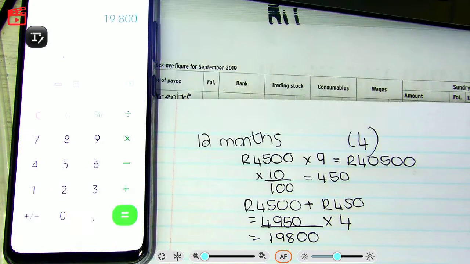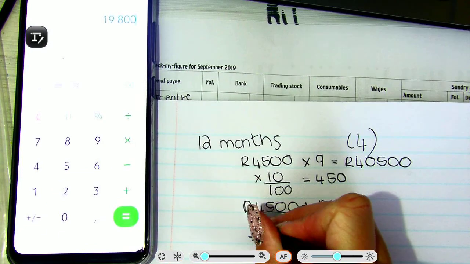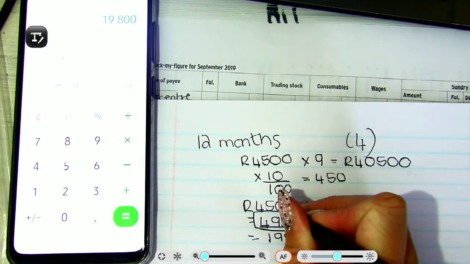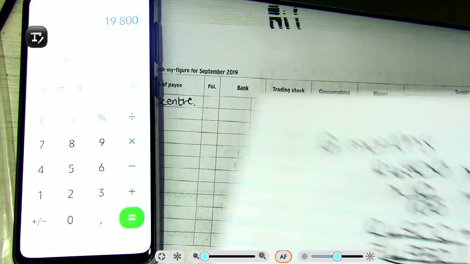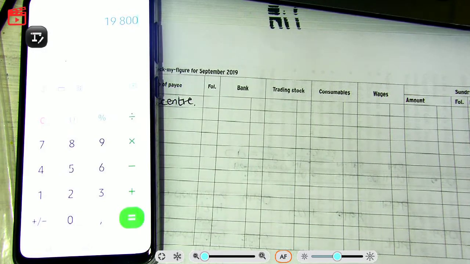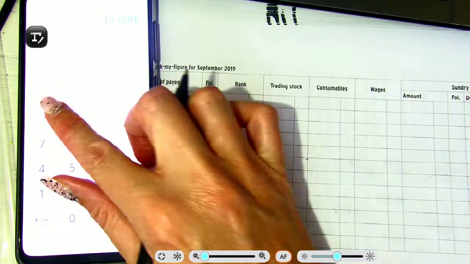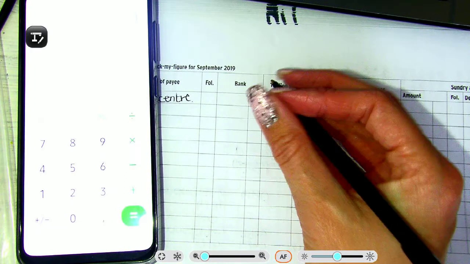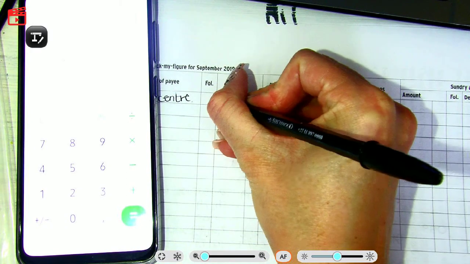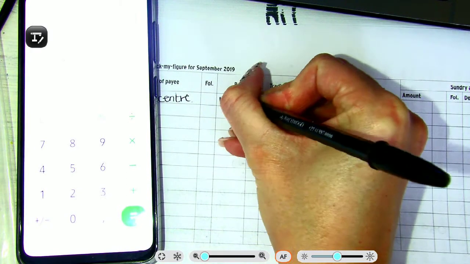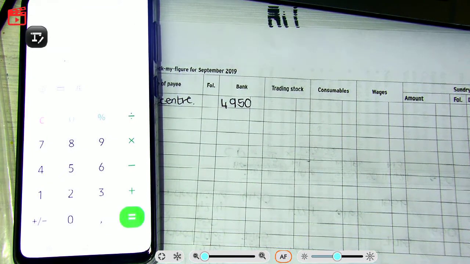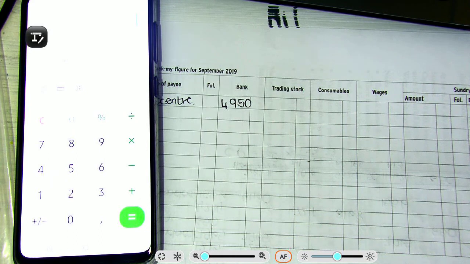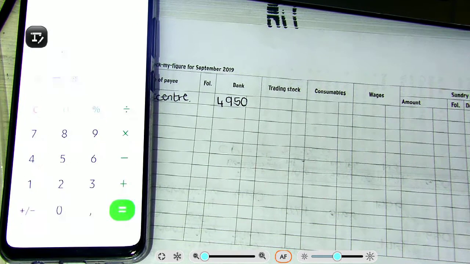So we actually only need this amount, 4,950, because that is the rent amount that I paid in September. Sorry, I was going too much into calculations there. We're not doing yearly now, we're just doing for the month of September. So we just had to work out how much we paid with the increase.